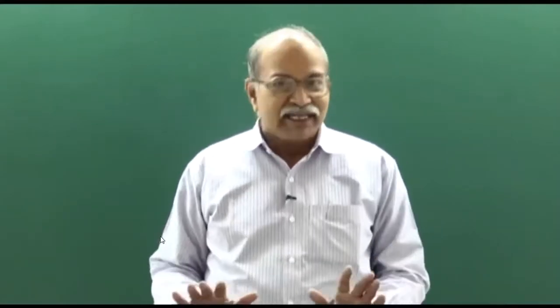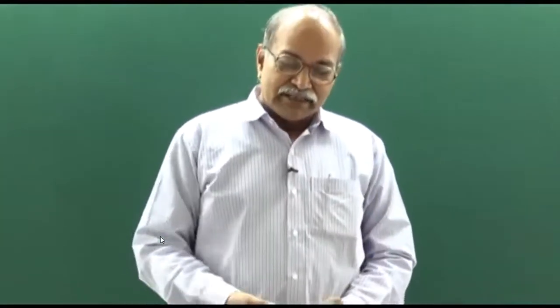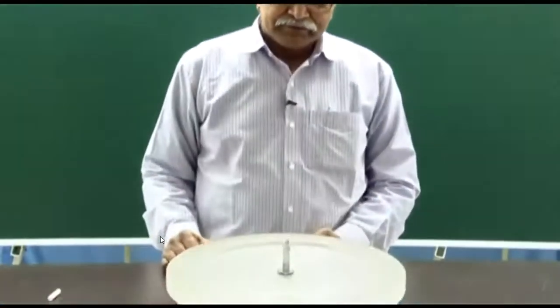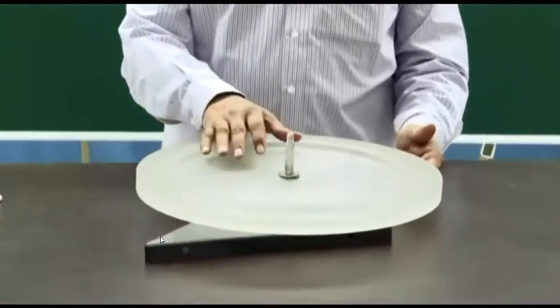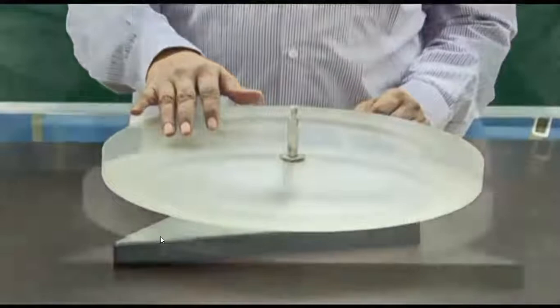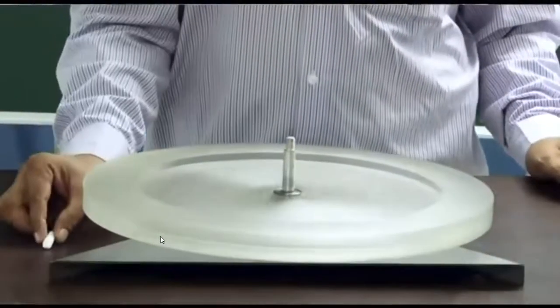So, we have done some experiments and all that. Now, once again look at this rotating frame, and suppose someone is using this rotating frame and analyzing this piece of chalk that is placed here on the table.